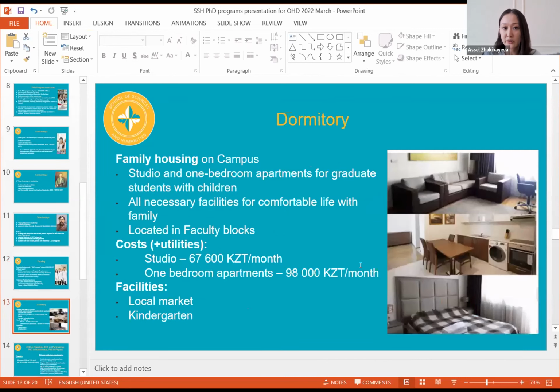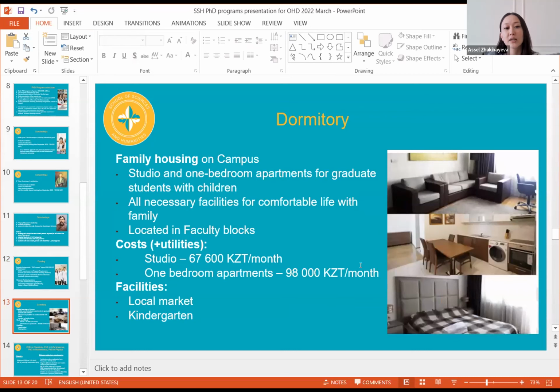Talking about the dormitory facilities we have for PhD students, we have single rooms, and for students with a family, the university offers family housing on campus. It is a studio or one-bedroom apartment, with everything needed for life at the university.